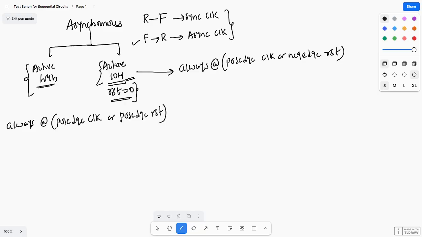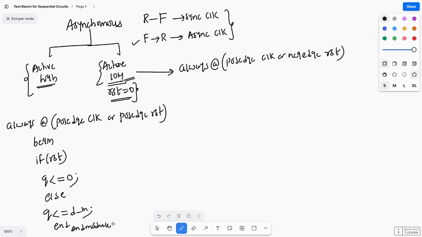Like this you need to use. Then begin, if posedge of reset, that means if reset, Q is non-blocking with 0, else Q is non-blocking with D underscore in, end, and end module. Like this you need to write.